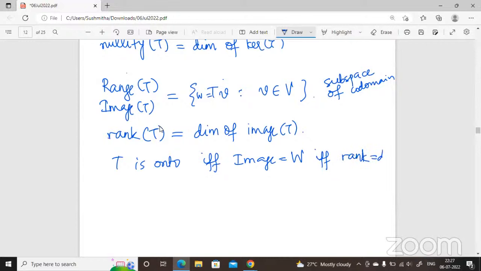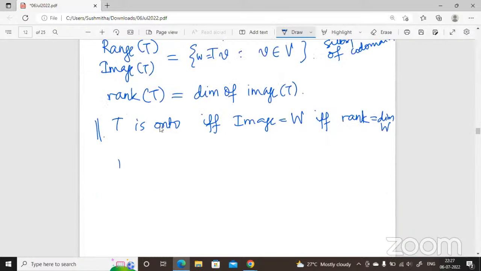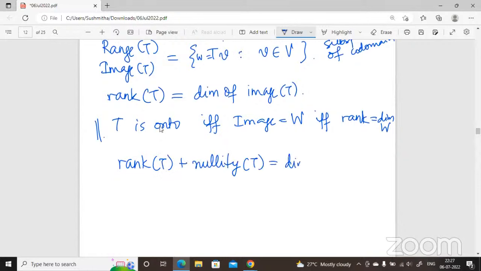Rank is equal to the dimension of the codomain. So this and this. And again we have the rank-nullity dimension theorem: rank of T plus nullity of T is the dimension of the domain, the vector space V.